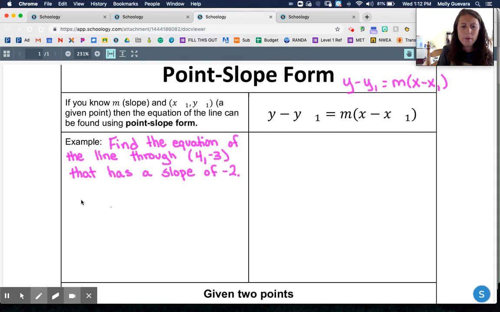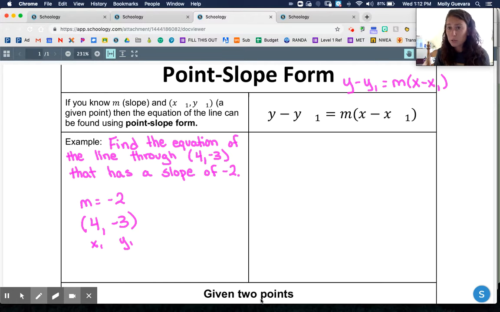Okay, so I know that my m is -2 because that's my slope. And then I'm given this point 4, -3, where the 4 is going to be my x1 and the -3 is going to be my y1.